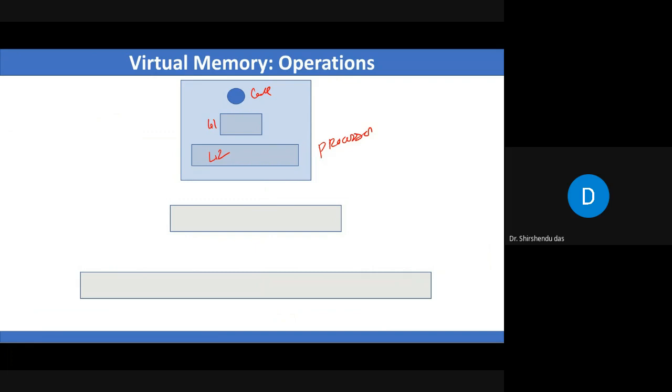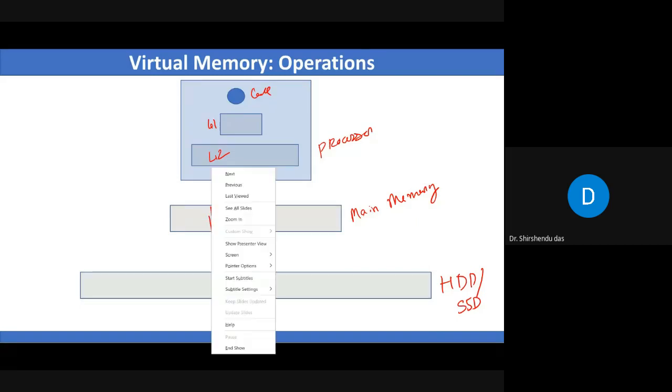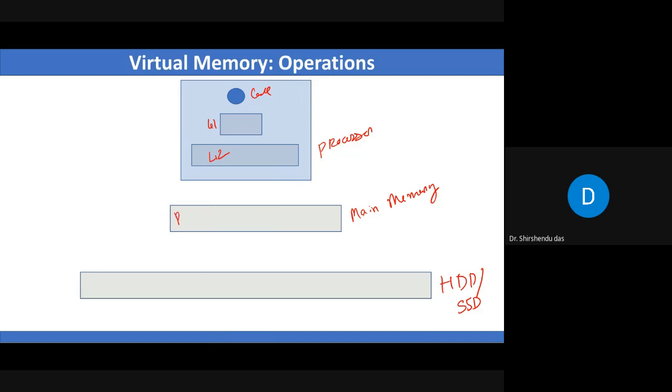This is main memory, and this is, suppose, HDD or secondary memory. It may be SSD also. So the page table is normally stored in main memory. Suppose here your page table will be there.